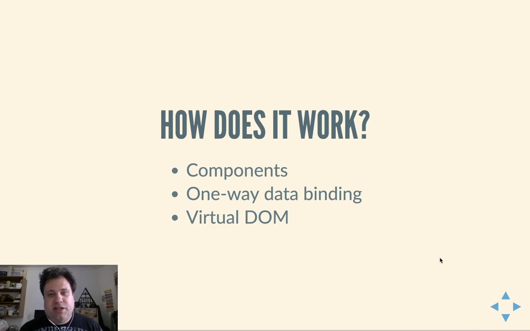Differently from other libraries or frameworks in which the tree of elements goes directly into the browser's DOM, in React the tree of elements is written to a virtual DOM, which is a basic in-memory data structure. They're not immediately outputted to screen.